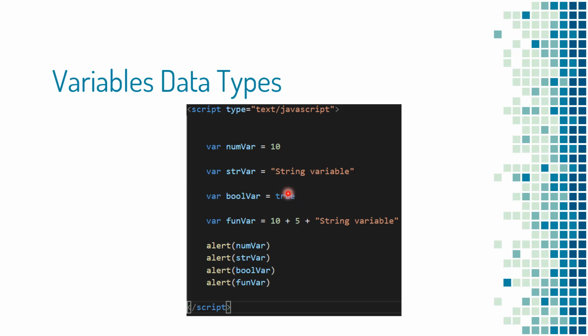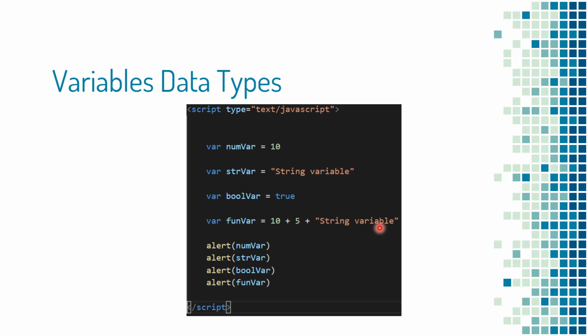One thing which is really good about JavaScript, but is always a problem for new developers in JavaScript. Let's take this line here. The fun var is 10, which is a number, and 5, which is a number, and a string here, which is just a string.